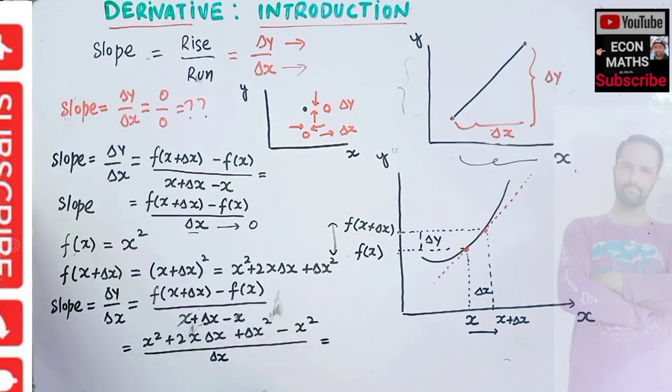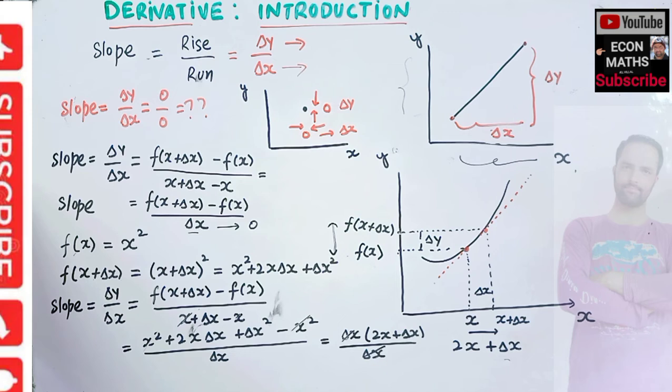We simplify again, so this and this also get cancelled. We take del x common, and we are left with 2x plus del x upon del x. Del x again gets cancelled, so we are left with 2x plus del x, which is our slope.